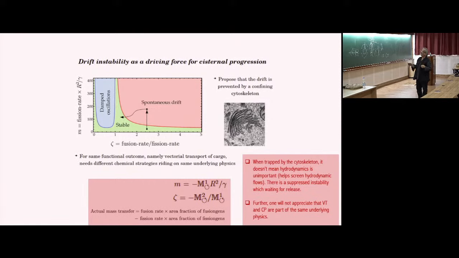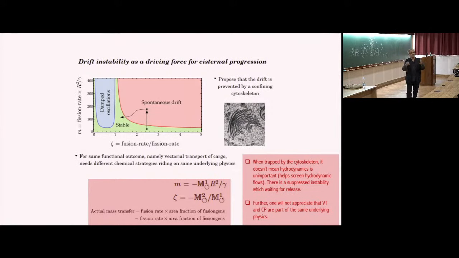And now you could say that if there is indeed this actin cytoskeleton meshwork surrounding and trapping this, then it's possible that hydrodynamics is unimportant, that you did the calculation in vain. Of course, it's true that if I put an actin mesh around it, it will screen hydrodynamic flows, and hydrodynamic flows will decay at an exponential scale.